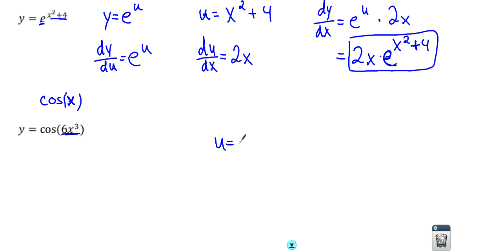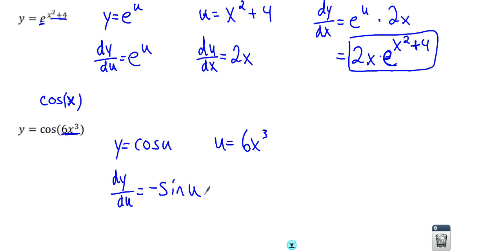So again, we pick our u, which is 6x cubed, then rewrite y in terms of u, cosine u. We take the derivative of both. So dy over du equals, and the derivative of cosine is negative sine. Then the derivative of u with respect to x is going to be 18x squared.